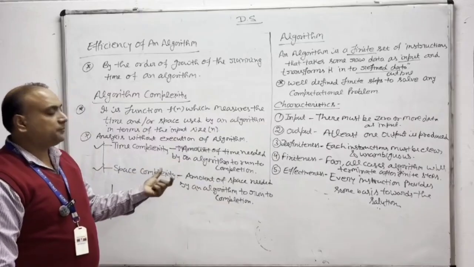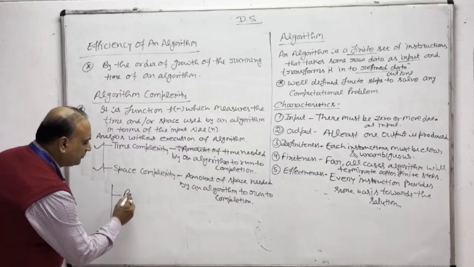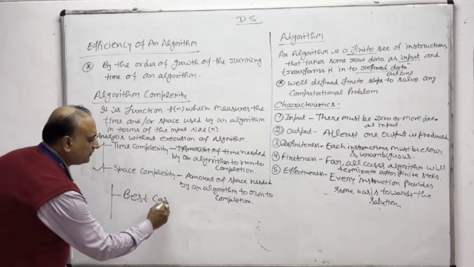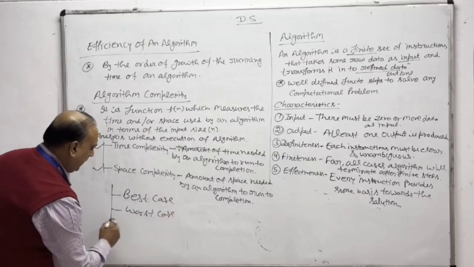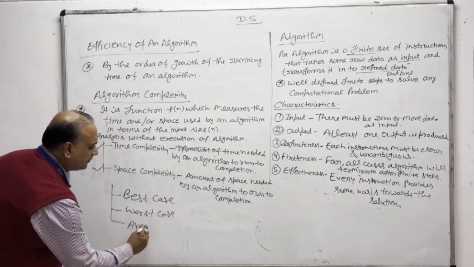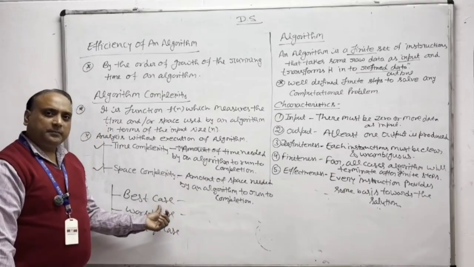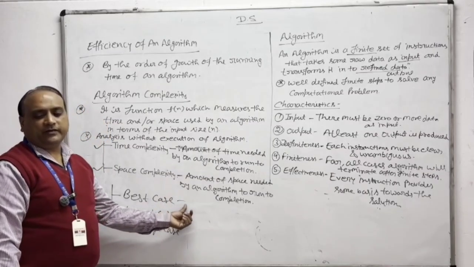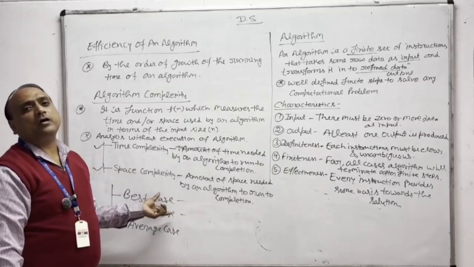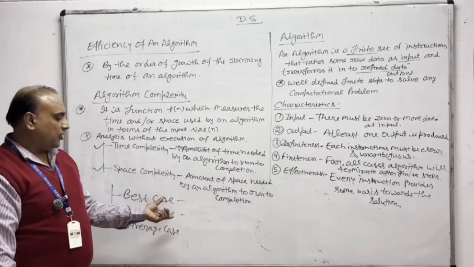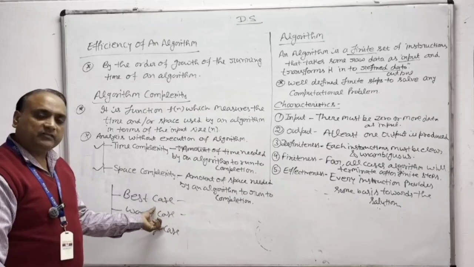Basically, in time and space complexity measurement, we can analyze three cases. First one is best case, second worst case, and third one is average case. What is best case? The minimum amount of time required by an algorithm is called its best case, or the minimum amount of space occupied by an algorithm.